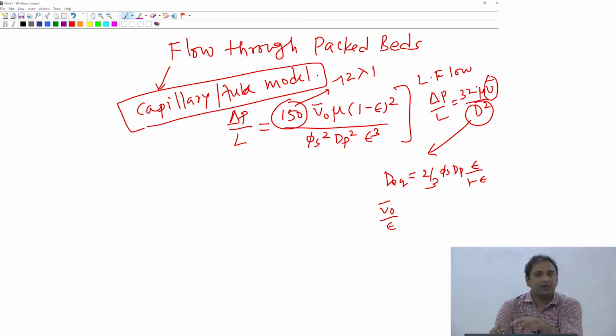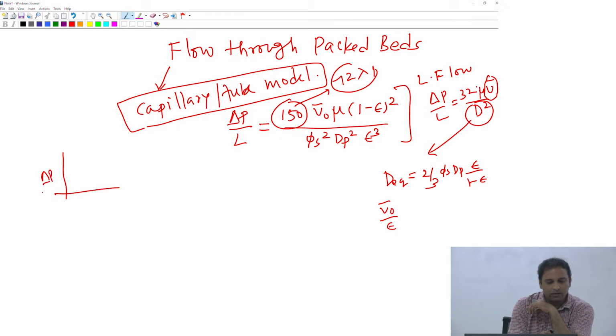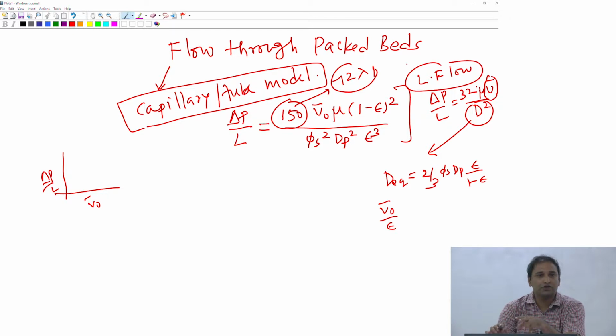And we said that people have done a lot of experiments, and they found that if you have data of delta P by L versus V naught bar, and if you're in the laminar flow condition, that is, if you ensure that your Reynolds numbers are less than 1, you would get a straight line that is passing through the origin, and the slope is going to be this times some constant.